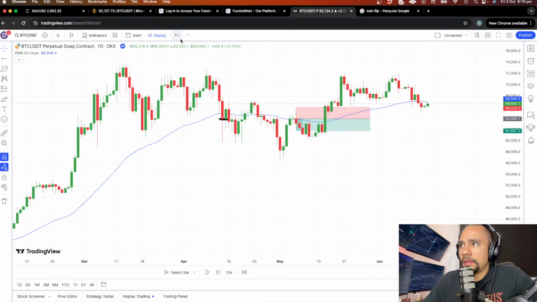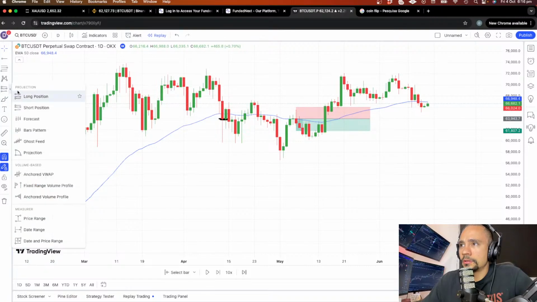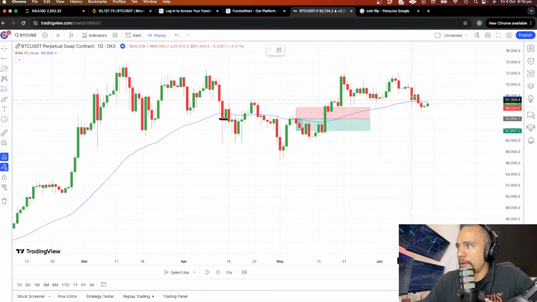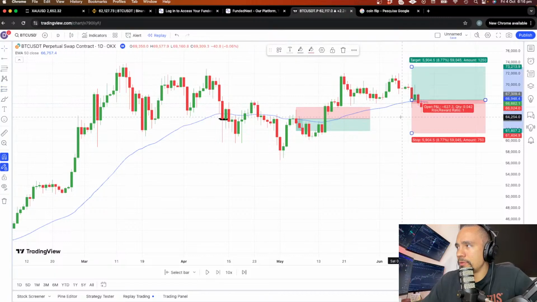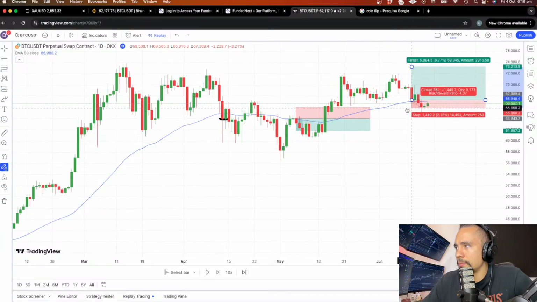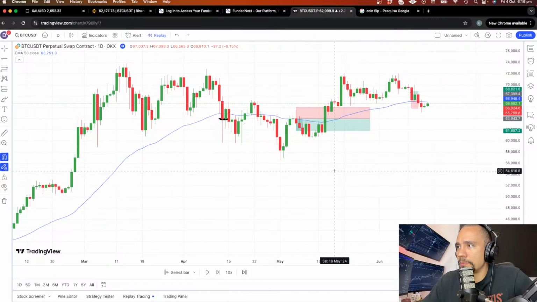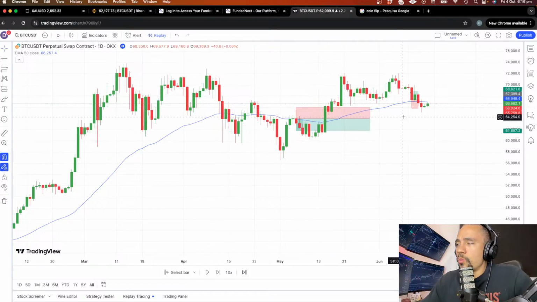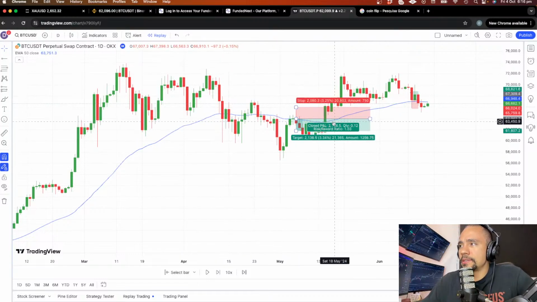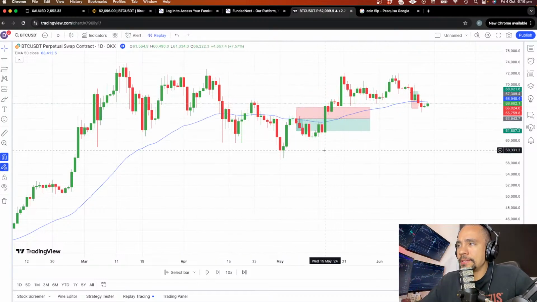Now same thing here, we move up and then go back, touch the 50-day moving average. Our stop would be below this bar, and then our 1-to-1 would be there, and on the very next day would be profitable.